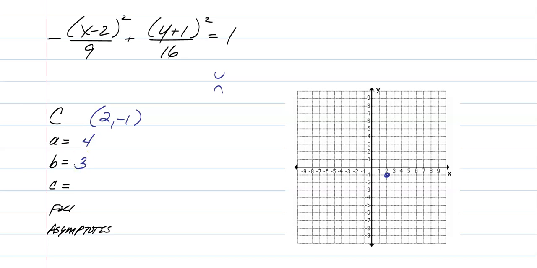But it really doesn't matter that much as long as you know where you're going. So we're going to be going 1, 2, 3, 4 up, and 1, 2, 3, 4 down, and 3 to the right, 3 to the left. This is going to create our box that we use to graph, and that is also going to create our asymptotes.